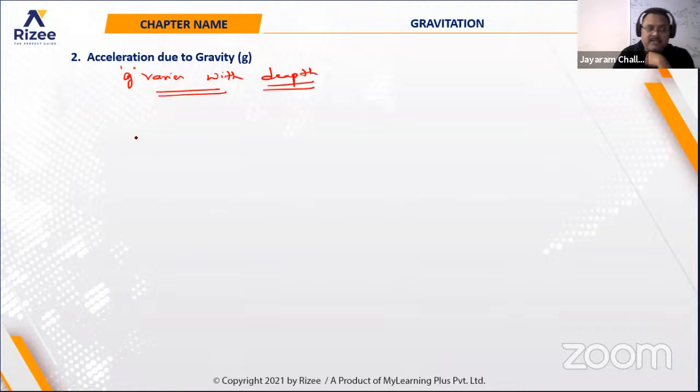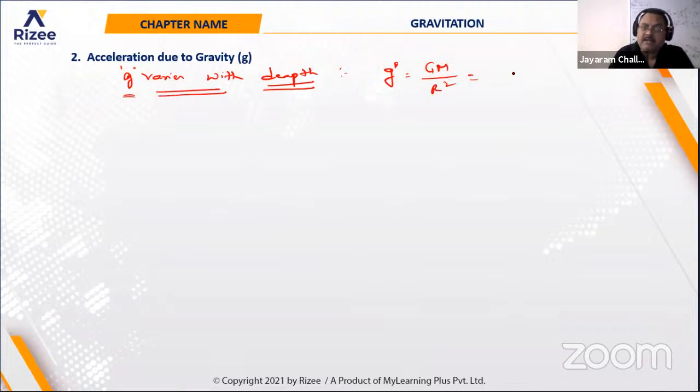G varies with depth. Now this is another relation. On the surface, G is equal to GM by R square.